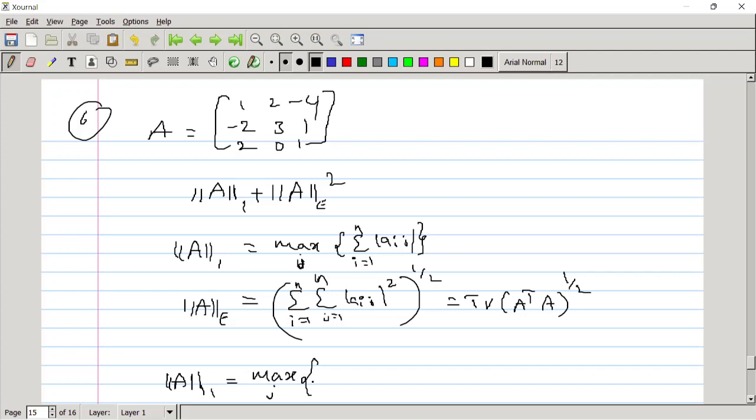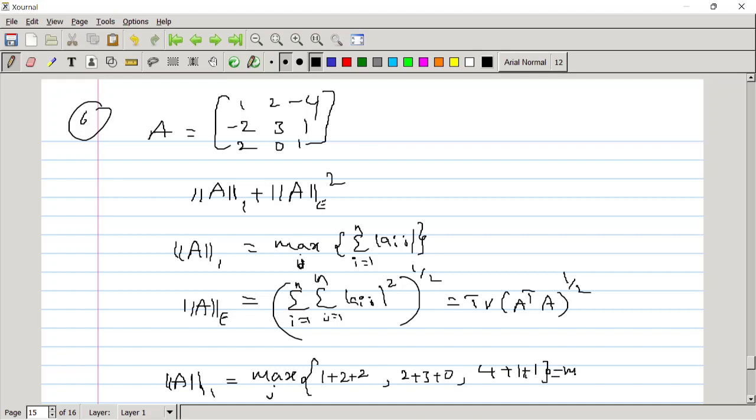This is nothing but the summation of modulus of each element. That means we get 1 plus 2 plus 2, 2 plus 3 plus 0, 4 plus 1 plus 1.